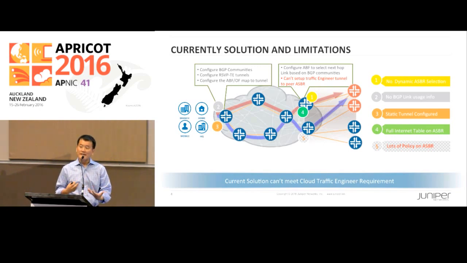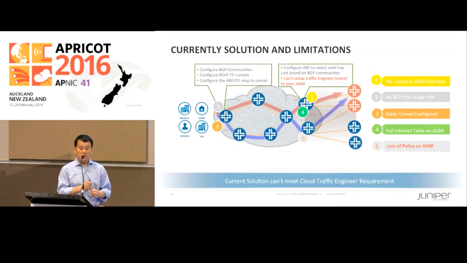It's all static configuration before the SDN age. Then there's also no BGP information between the different ASes; that information is never fully leveraged in application-driven traffic engineering and so on.